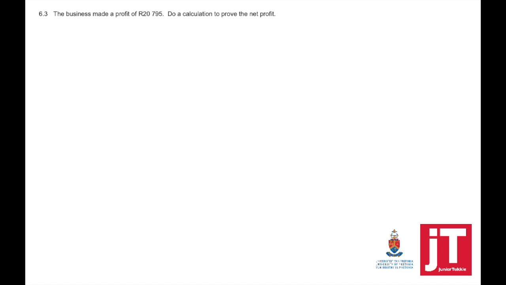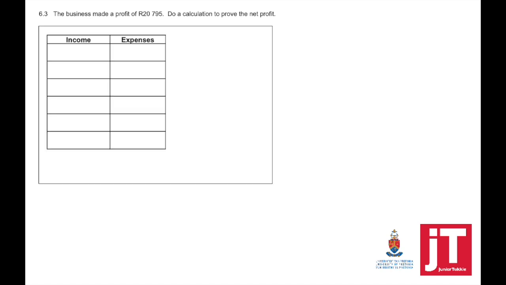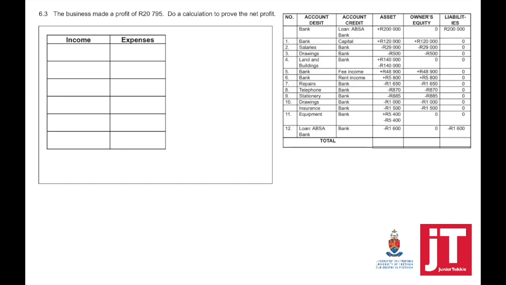The next part of this question says, now, this is the last question, the business made a profit of 20,795. Do a calculation to prove the net profit. In other words, they gave you what is the net profit, but you need to show, is that correct by doing a calculation? So when we need to find out our net profit, it means we need to look at all our income and all our expenses.